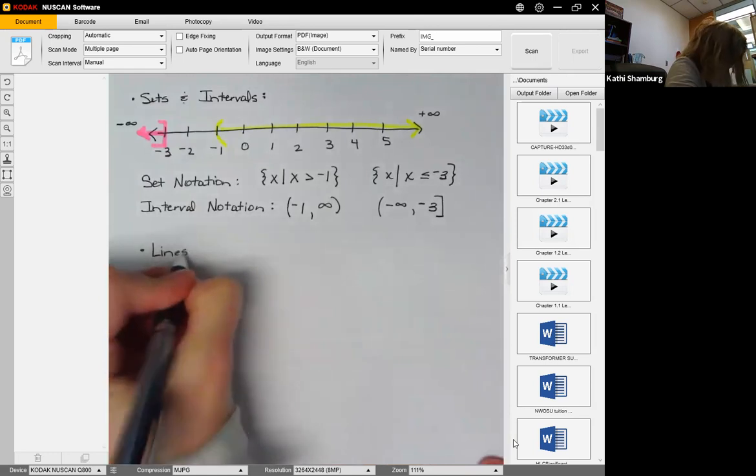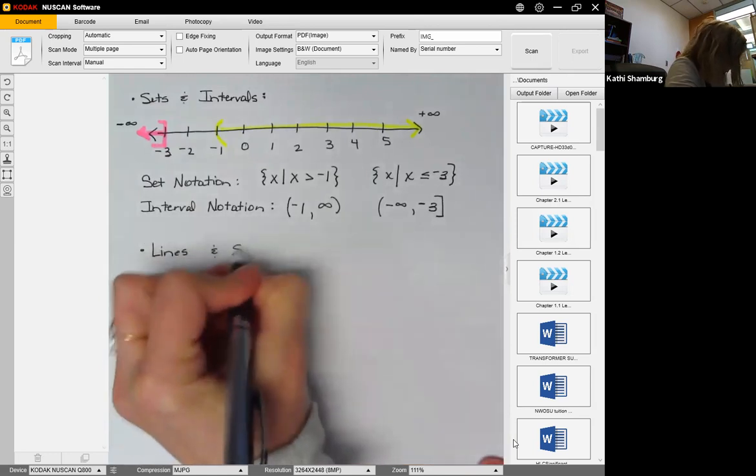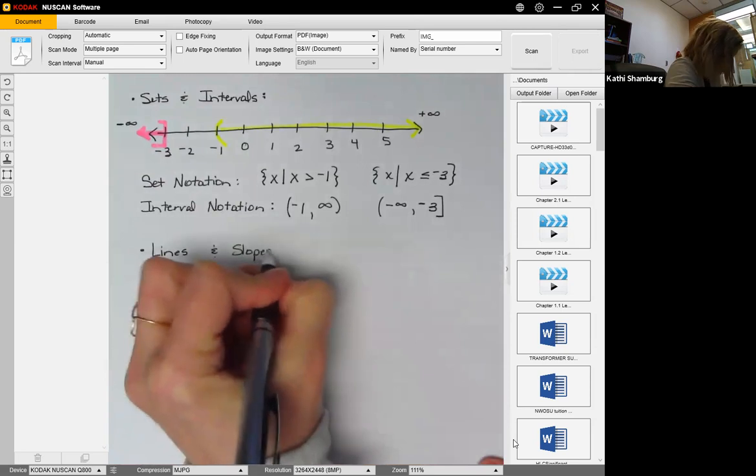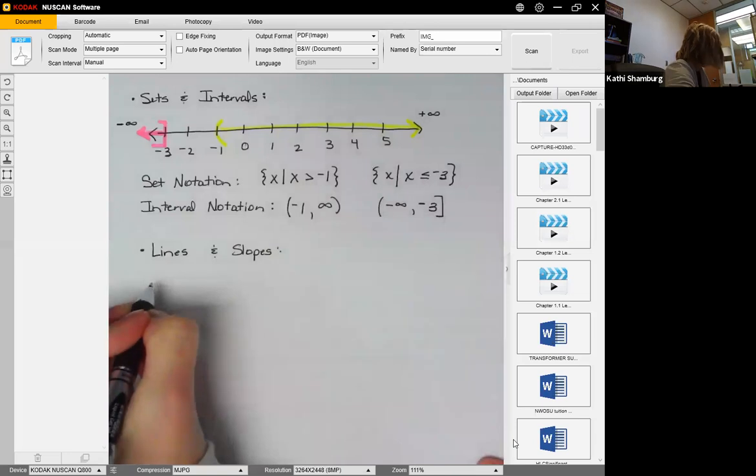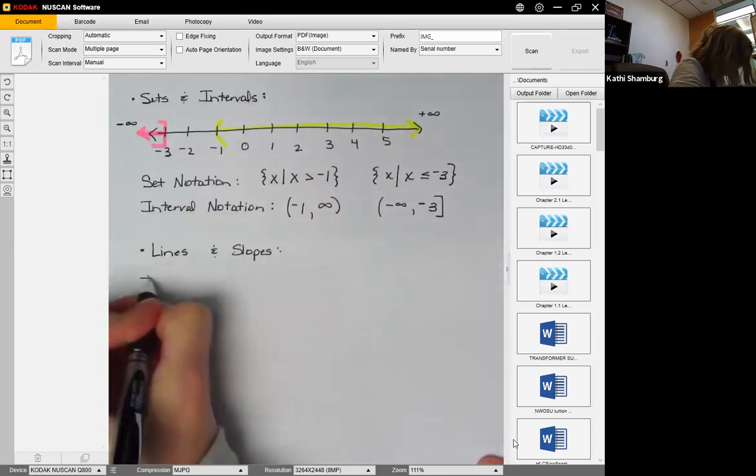So now we're going to look at lines and slopes. The first thing that we're going to look at is the slope of a line.